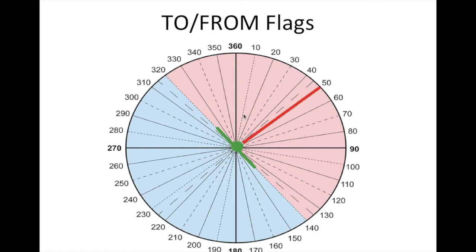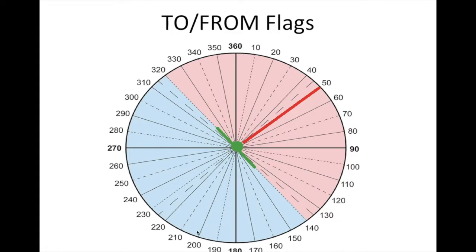And as I'm rotating the selector, I find myself, oh my god, the needle is centered on the 200, but I'm getting a TO indication, not a FROM. Why am I getting a TO indication, not a FROM? Well, we talked about this before.